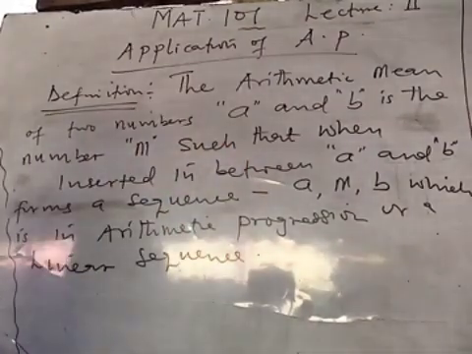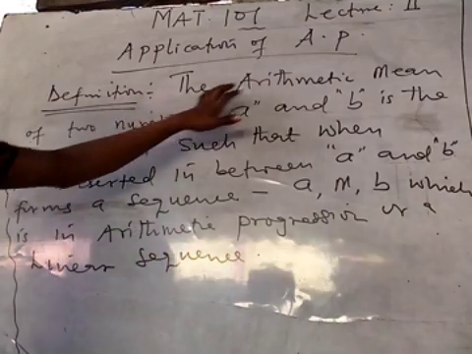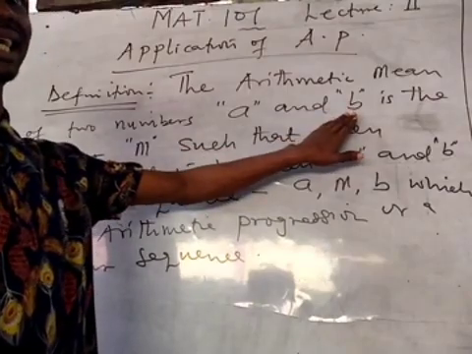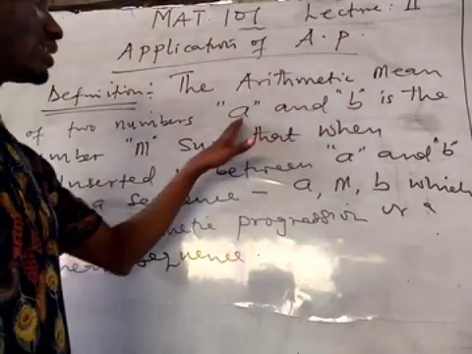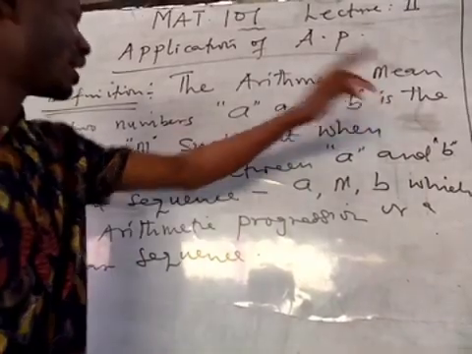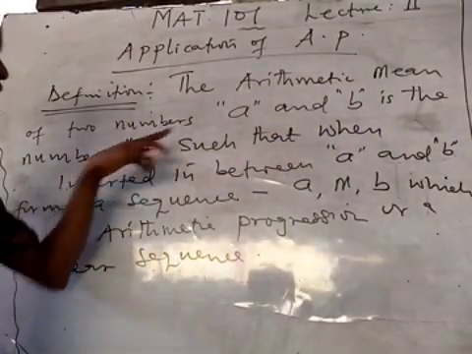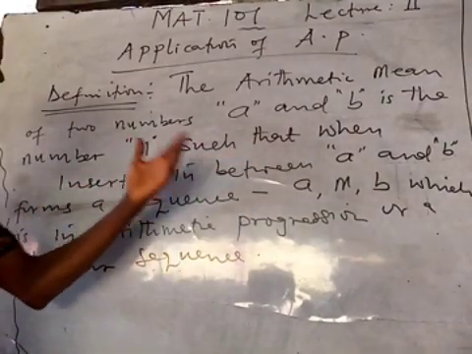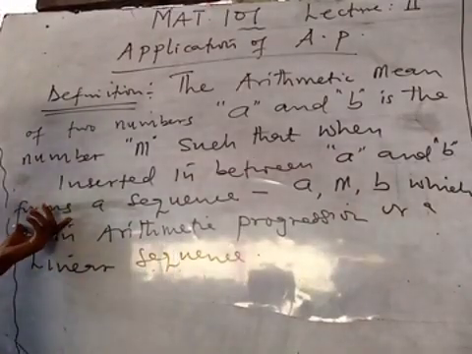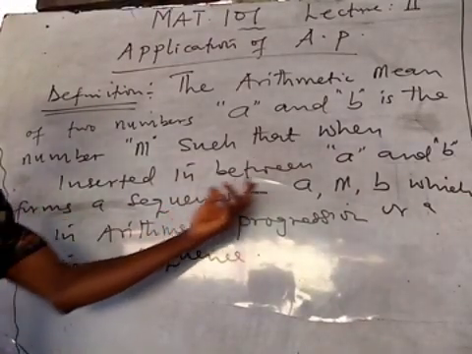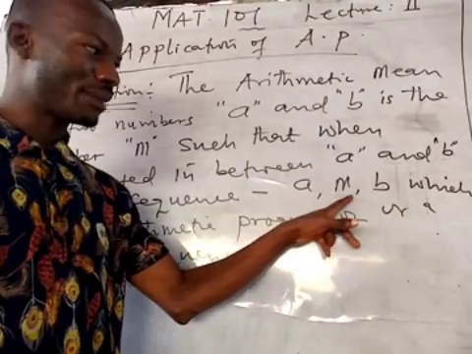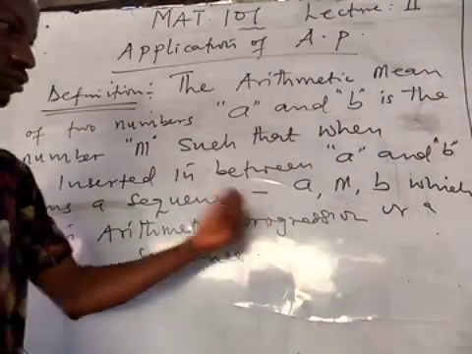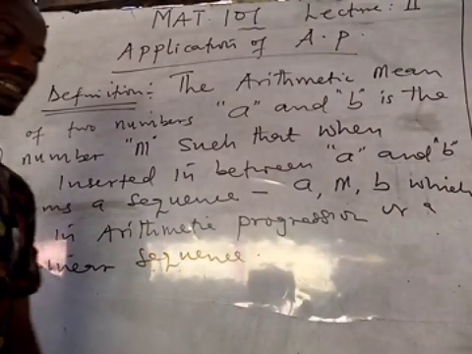Now, from this definition, we say that the arithmetic mean of two numbers, A and B, is defined as the number M such that when M is inserted in between A and B, we are going to form a sequence of numbers like this: A, M, and B, which is in arithmetic progression.